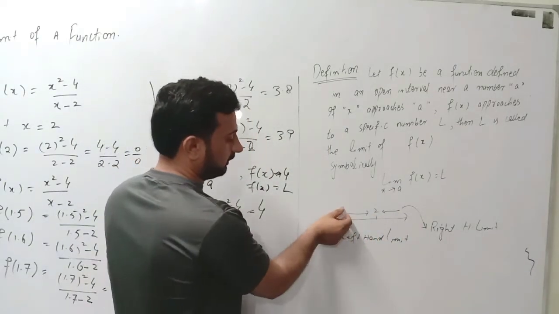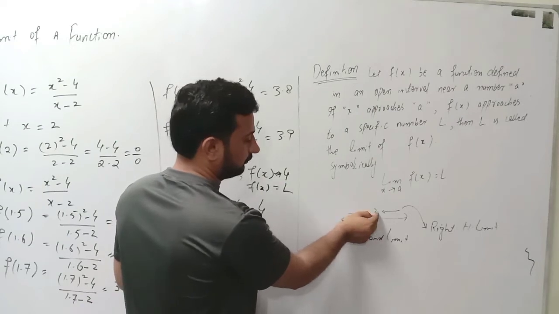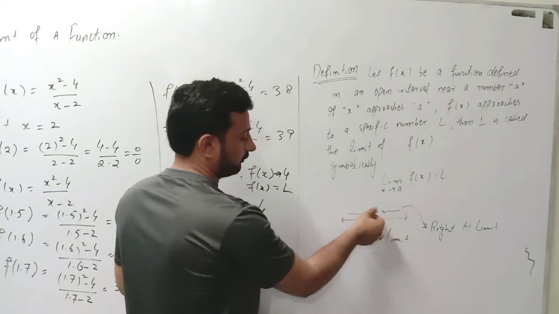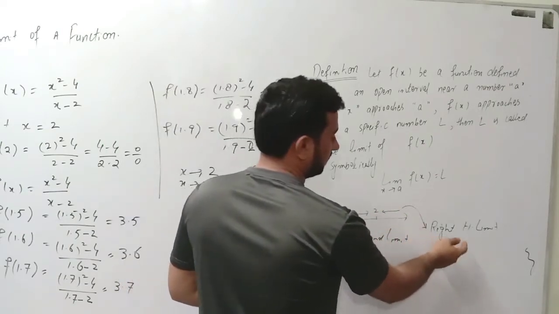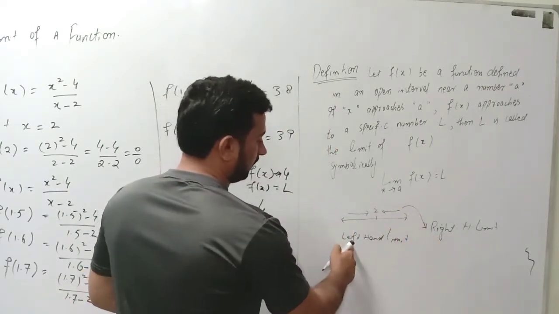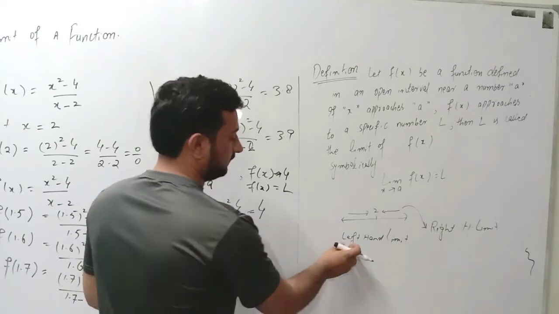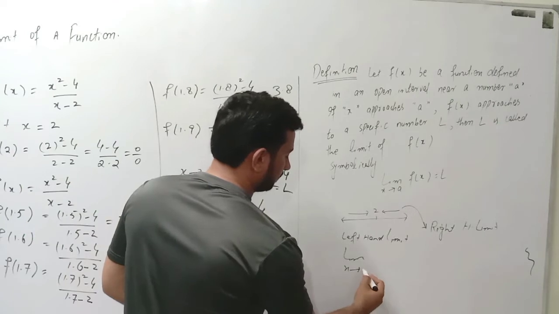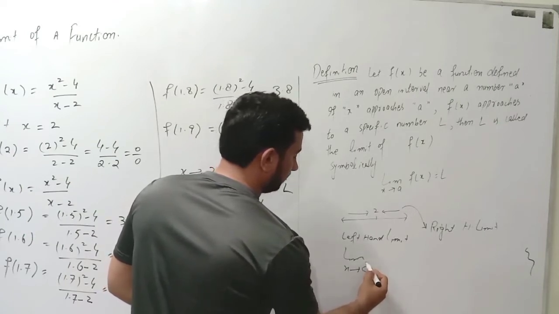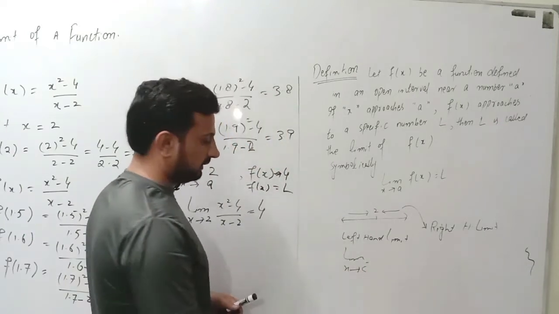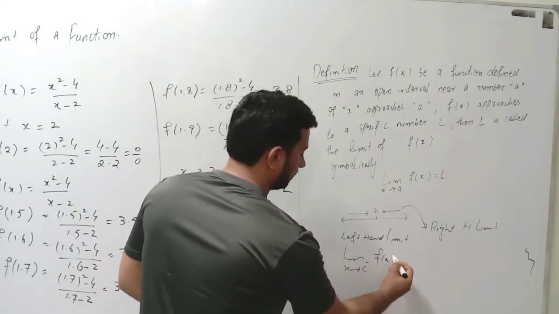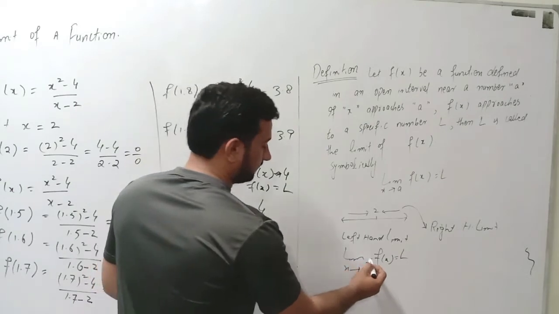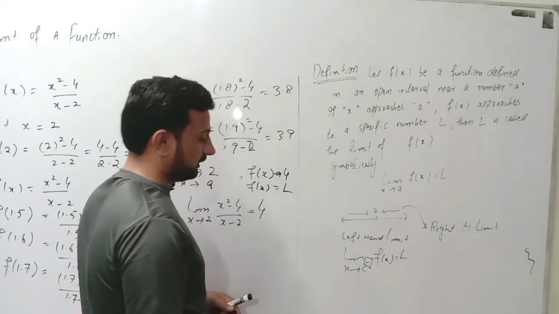So when we approach from the left side to this 2, we are using left hand limit, and when we are approaching from the right side, we will say it is a right hand limit. So how will we mathematically write the left hand limit? That will be limit x approaches, let's suppose, c, and then we will put a negative sign on it, f of x, and that will approach a specific number L. So what is that negative sign indicating?